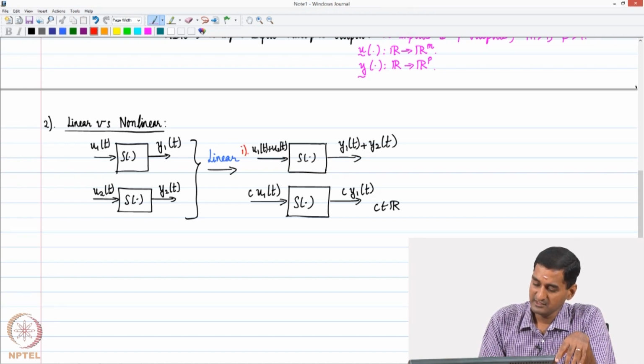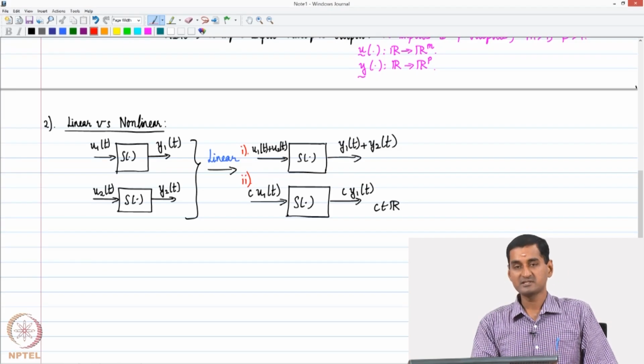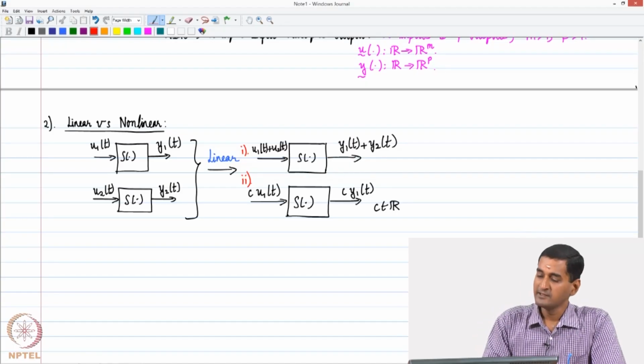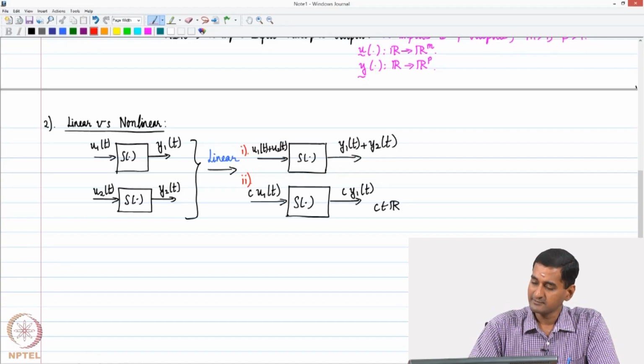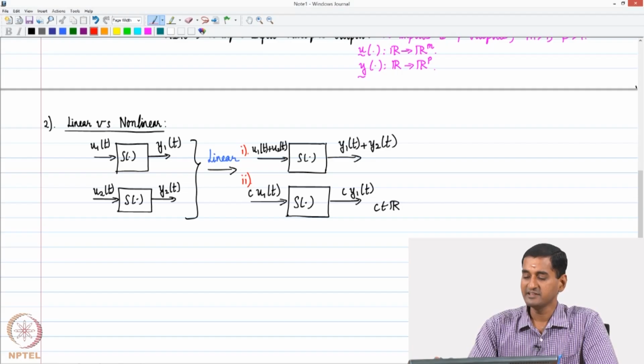So, condition 1, condition 2. Okay. So, the first condition is typically referred to as additivity, the second condition is referred to as homogeneity, right. So, this is the definition of a linear system.